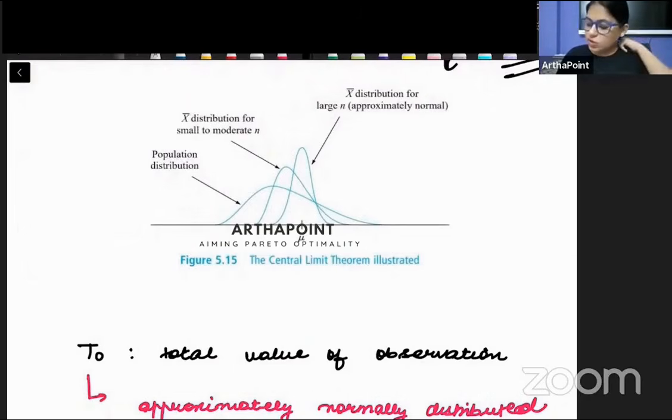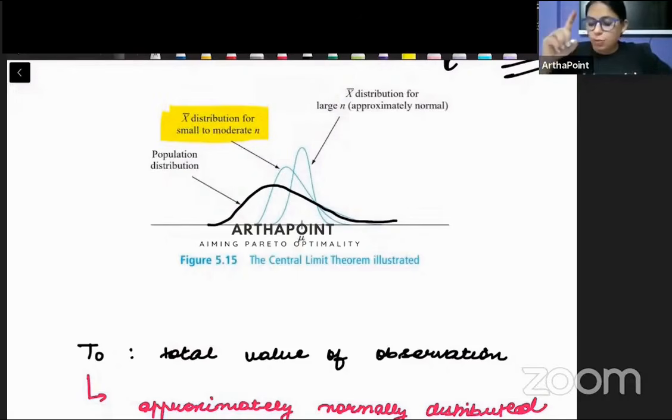So if you notice, beta, this is your population distribution. This is how population is distributed, right? And this is your sample size for small sample n. So for the population, the mean value is this. ये आपका mean value है.